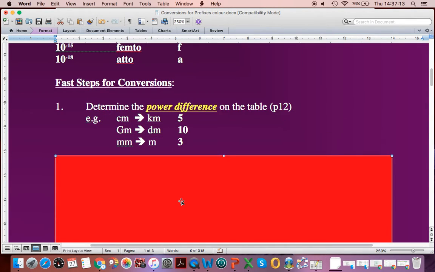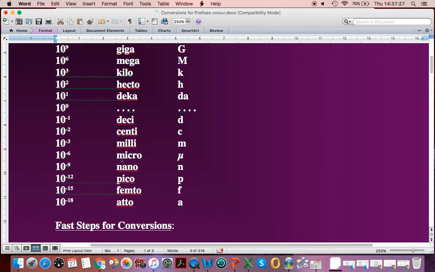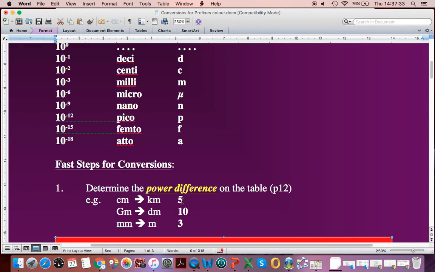First of all, you have to look at the question. If we're asked to go centimeters to kilometers, gigameters to decimeters, or millimeters to meters, then we have to have some clue what that means. Centi is 10 to the minus 2, kilo is 10 to the plus 3, that's why it's a difference of 5.